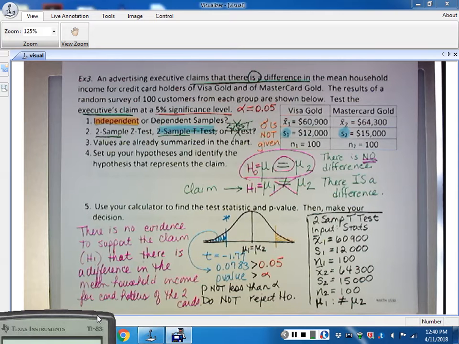Okay? In fact, the only thing that's going to happen is that you are a little more likely to make a type 1 mistake if you just say no. A little bit more likely.